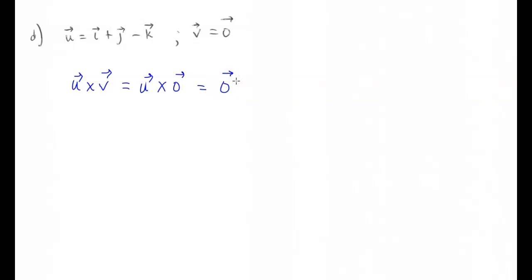So I don't care what u actually is. If I cross it with the 0 vector, it's just going to end up being the 0 vector no matter what.